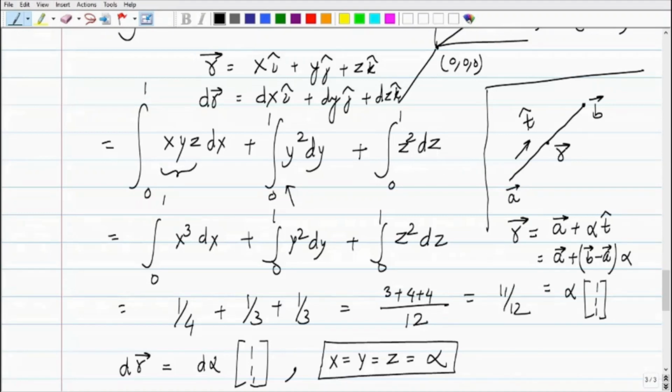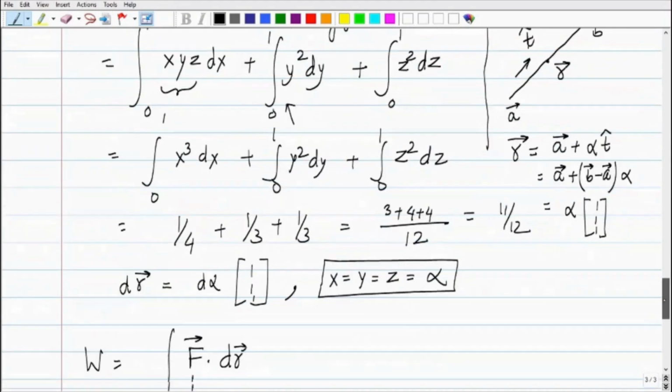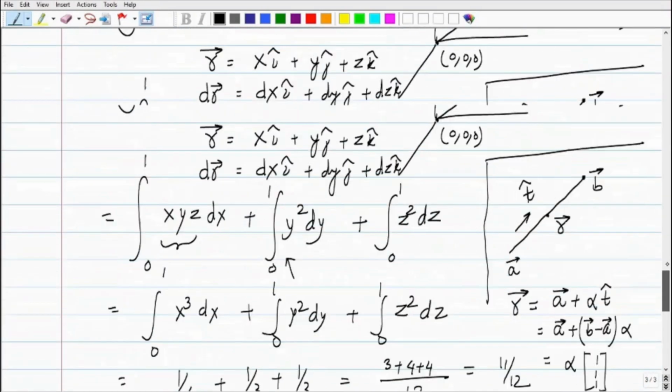So you have to write x, y, z, all three of them in terms of the parameterization variable of the curve. And then the integration along the path simply becomes integration in that parameterization variable. Okay? So I hope you've got some idea about how to do line integration.